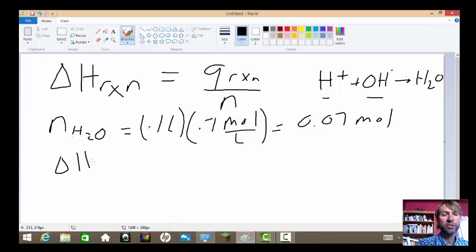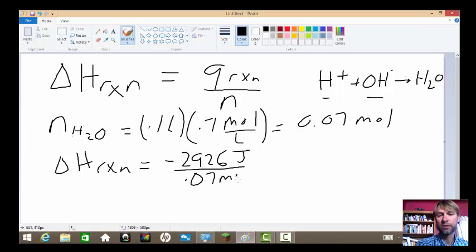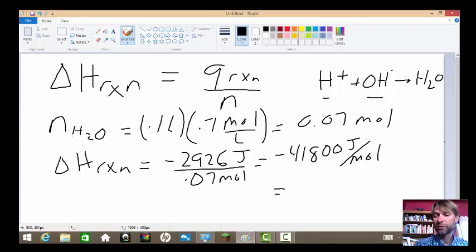So now the delta H of reaction equals minus 2926 joules divided by 0.07 moles. And this equals minus 41,800 joules per mole. We often express this in kilojoules, so that's minus 41.8 kilojoules per mole.